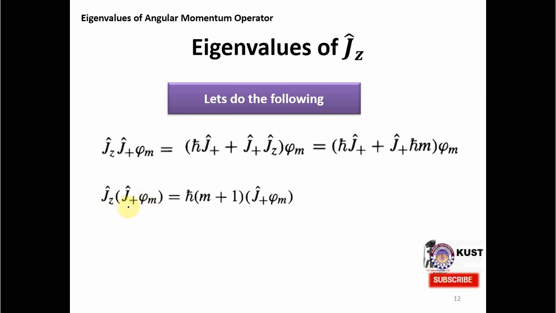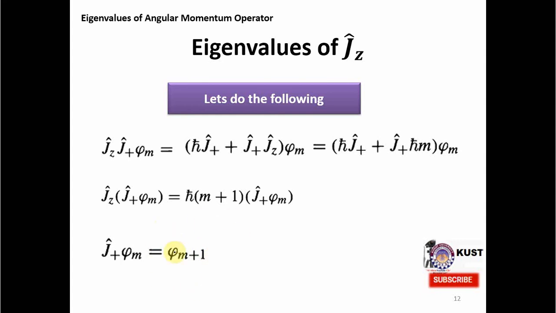Since we have one operator which is acting up, we will get h bar m plus 1 and j plus phi m. So you can see that jz is giving us one value up, that is m plus 1, and from this I got the relationship that whenever j plus acts on phi m, it makes it phi m plus 1.